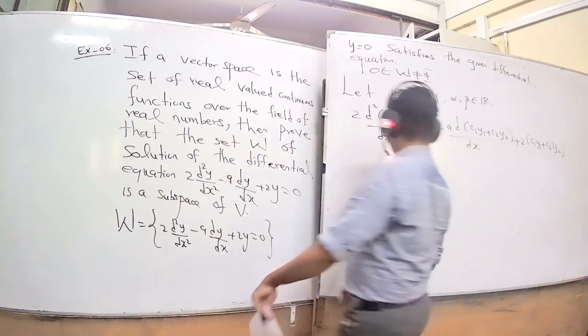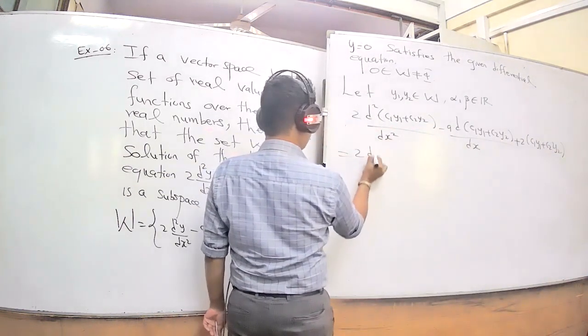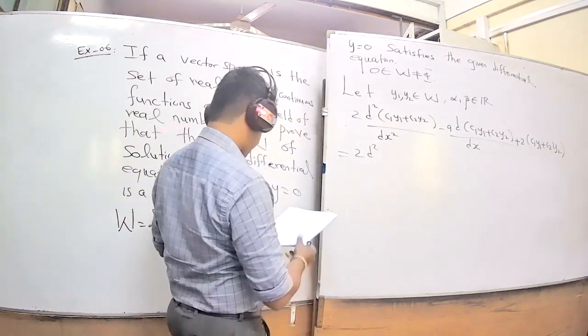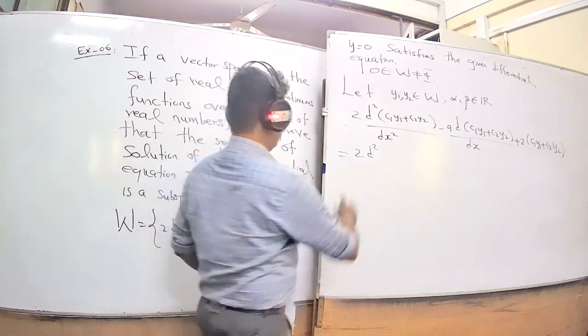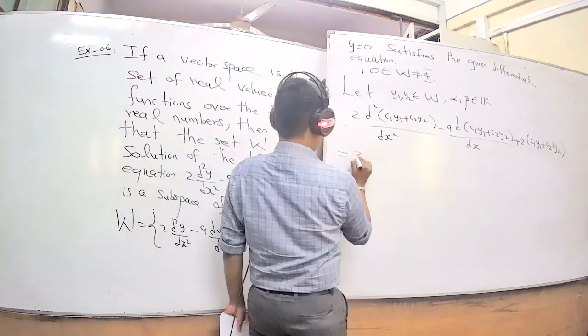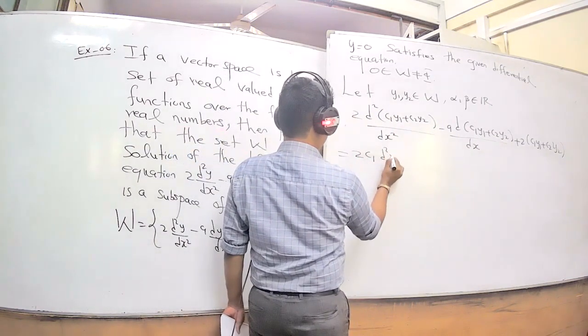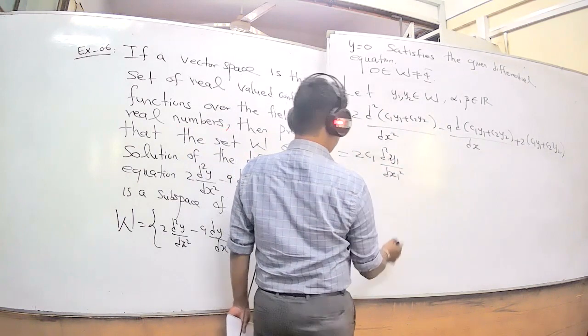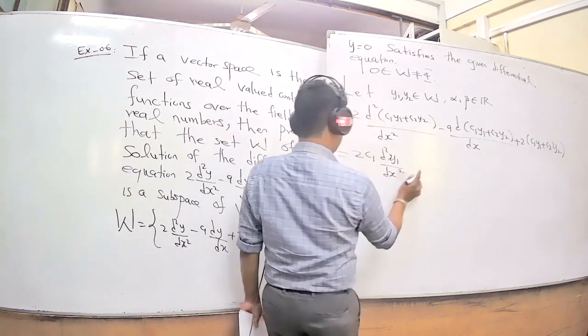Since c1 is a constant, we can write this as 2 c1 d squared y1 over dx squared.